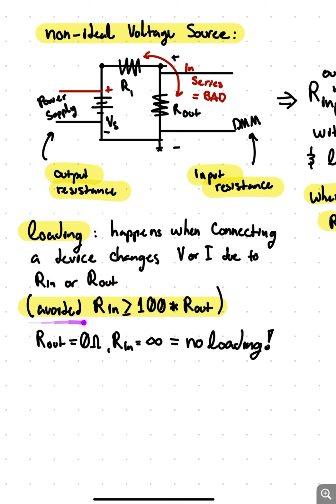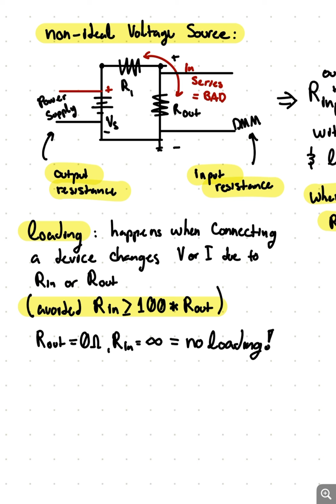So you're going to want to follow this rule right here. To avoid loading, you're going to want R in to be way bigger than your R out. And that's basically all you've got to follow to not encounter this loading evil.